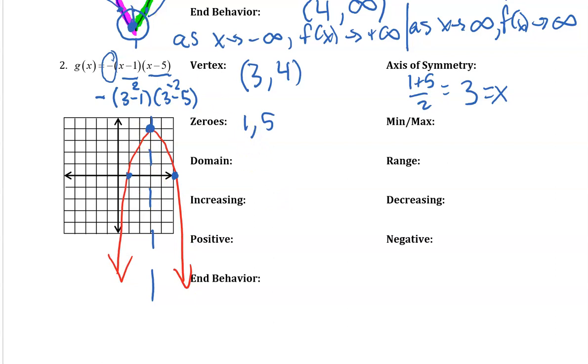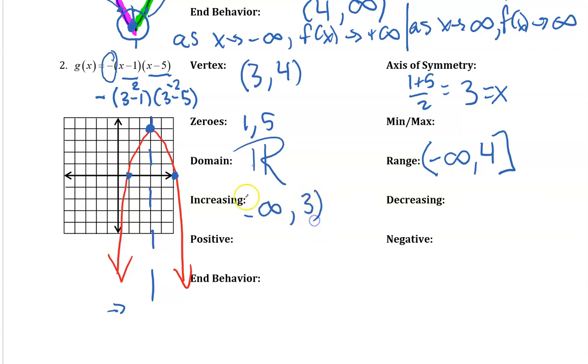Domain. X is unrestricted, so it's all real numbers. Range. Range goes from negative infinity up to positive 4. It is increasing from the left, from negative infinity up to x equals 3.